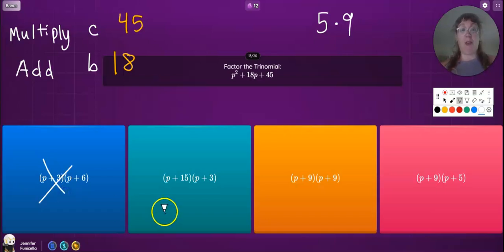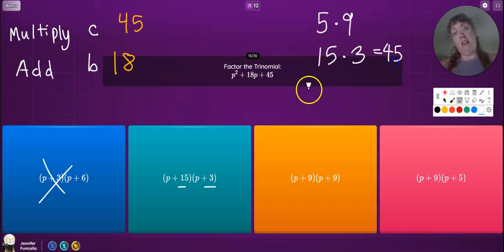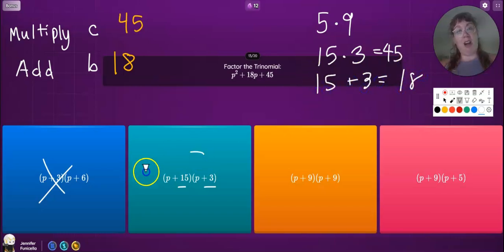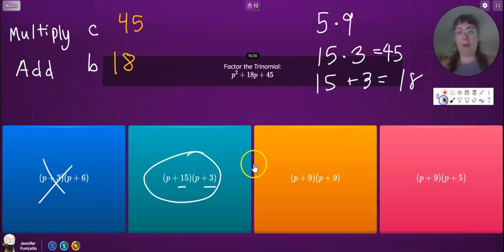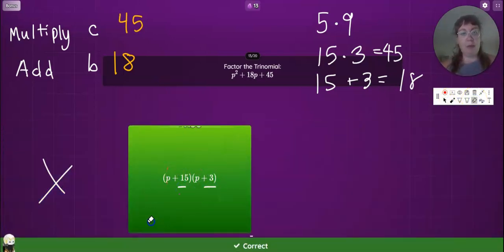We want to multiply to 45. 15 times 3 is 45, and 15 plus 3 is 18, so that'll work. So it's kind of nice to have the options to see how we're finding these numbers. If you don't know your times tables, that can definitely support you. Beautiful.